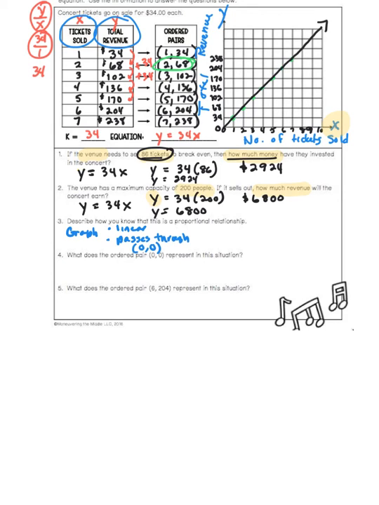We can also tell because the table and the equation have a constant of proportionality, otherwise known as the k value, and that is 34.